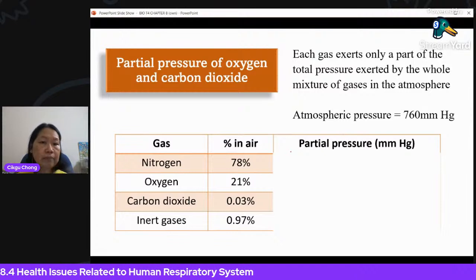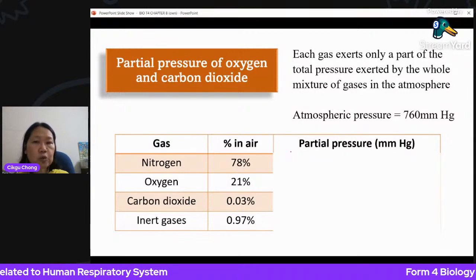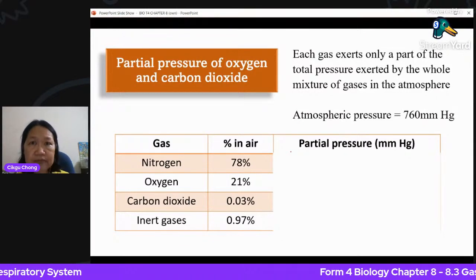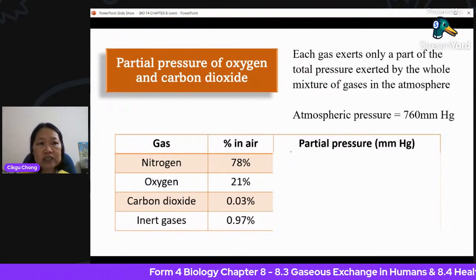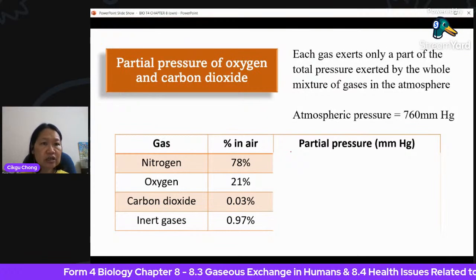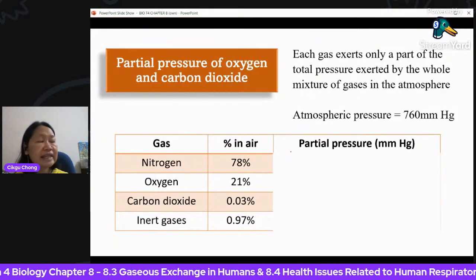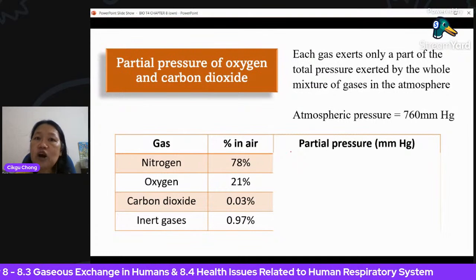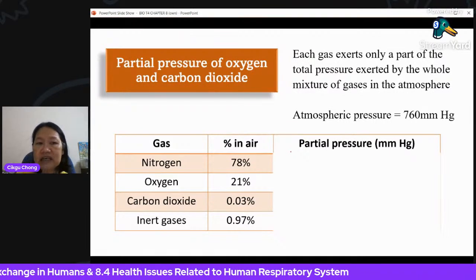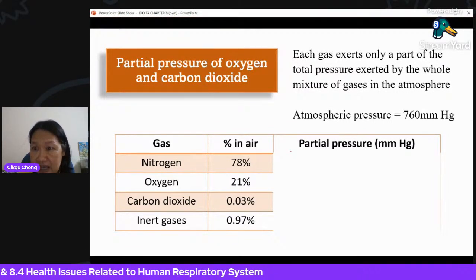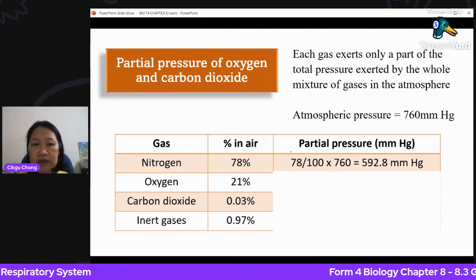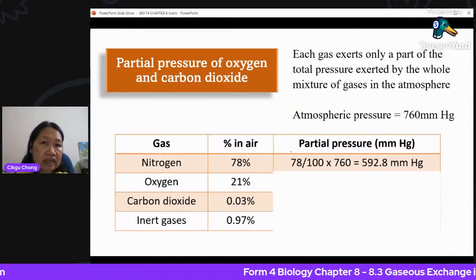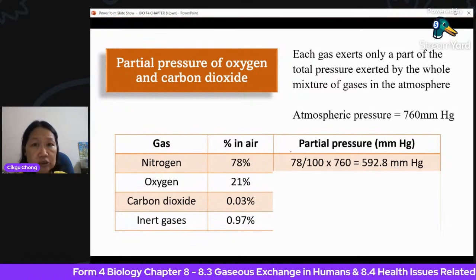So how do we calculate the partial pressure of nitrogen? Don't worry, they're not going to ask you this kind of calculation, but I want you to understand what the partial pressure of gases is. The partial pressure of a gas is the pressure exerted by that gas, and it depends on the percentage of the gas. Let's say nitrogen is 78% of the gas. That means the partial pressure will be 78 over 100 times the atmospheric pressure, 760 millimeters.